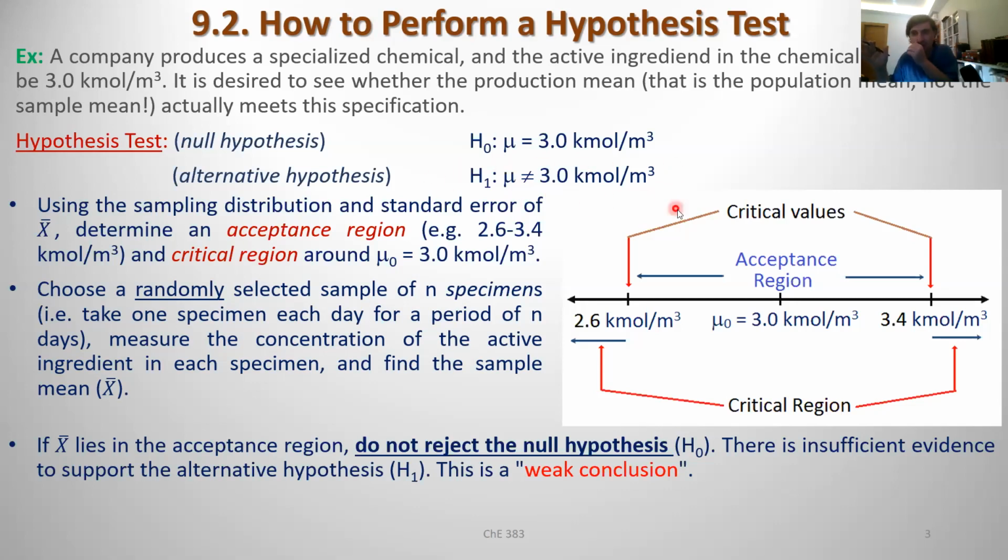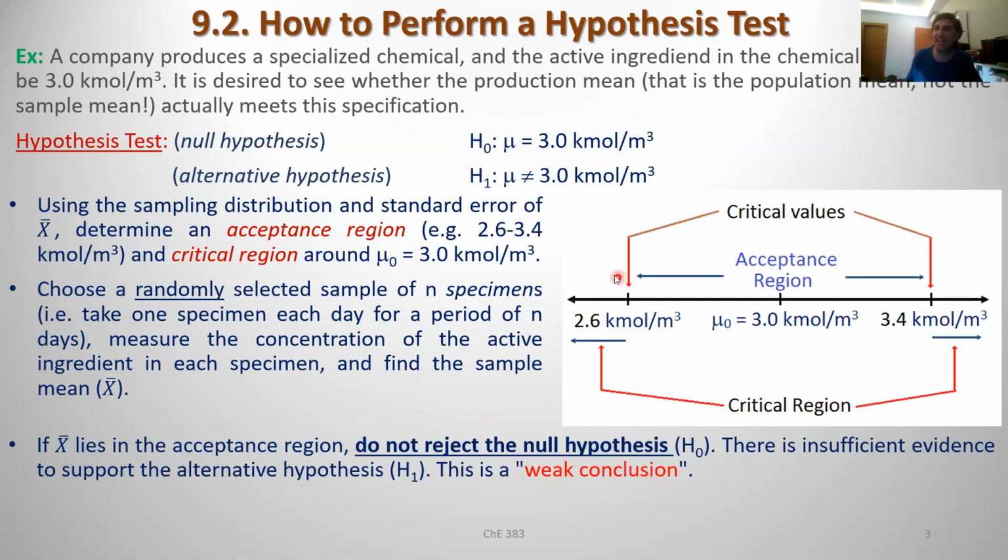That may be a little bit of an overwrought statement at first sight, the first time you hear it, but in statistical terms that is a pretty much valid statement. And you cannot say that mu equal to 3.0 kilomoles per meter cube is proved or is accepted. I'll come to that. That's the reason why this is called a weak conclusion.